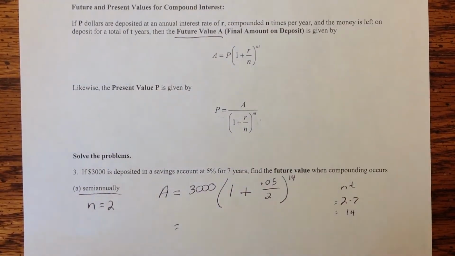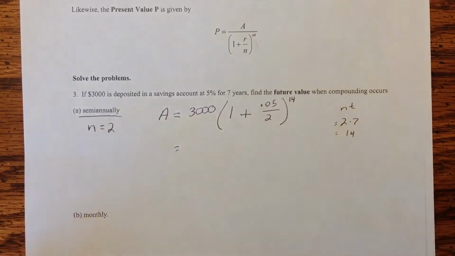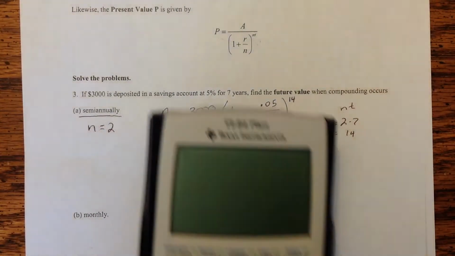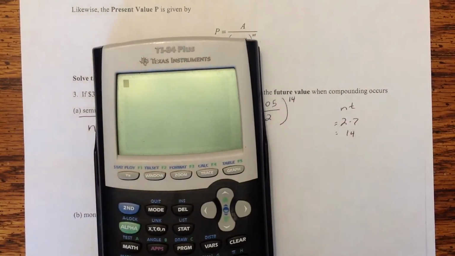Now again, this is calculator work. So you need to grab out your calculator, and you need to find your answer. So I'm going to do 3,000 times, parentheses, 1 plus, then new parentheses for 0.05 divided by 2, so that's all together. I'm going to close my first set of parentheses, and I'm going to raise this to the 14th power.